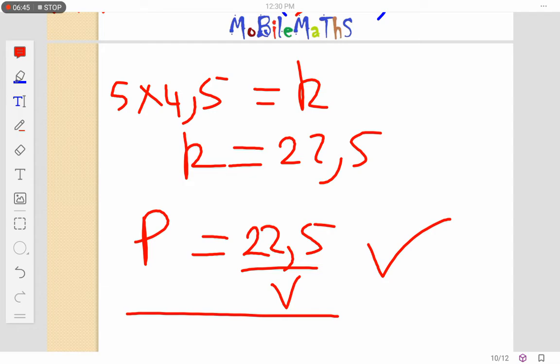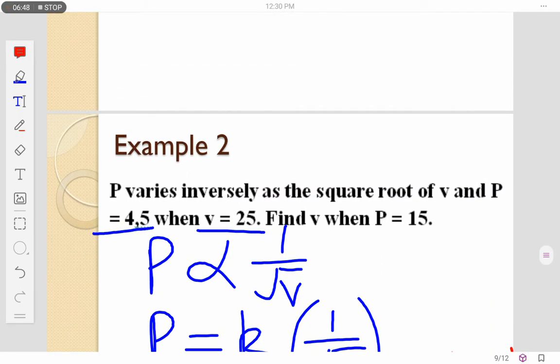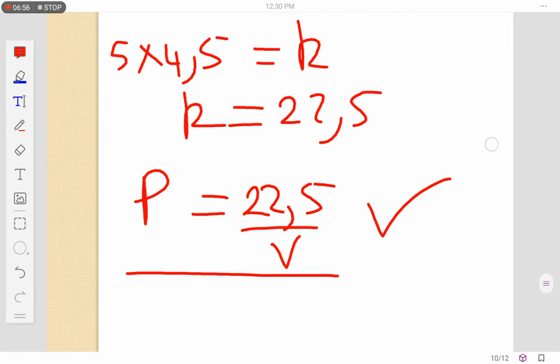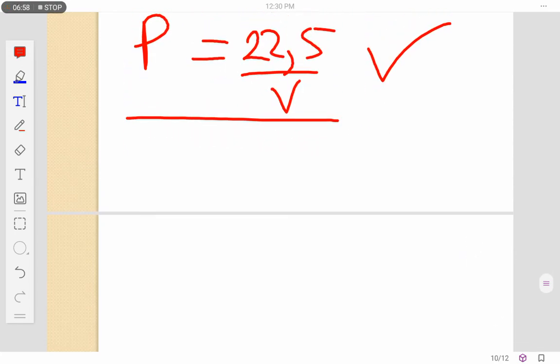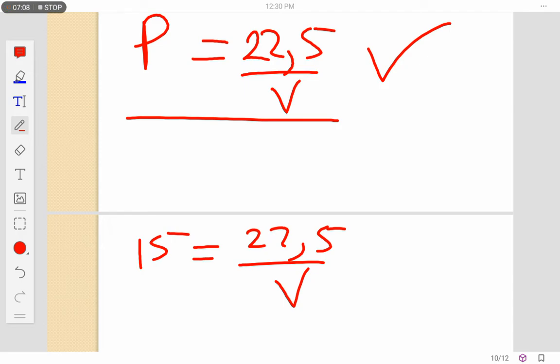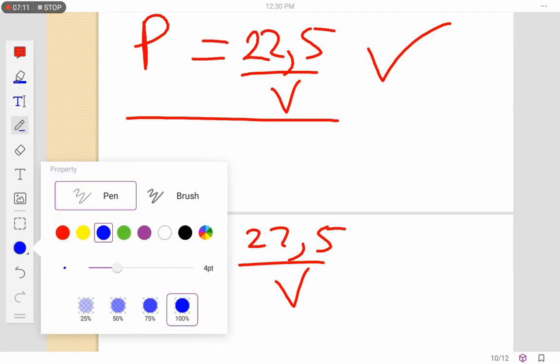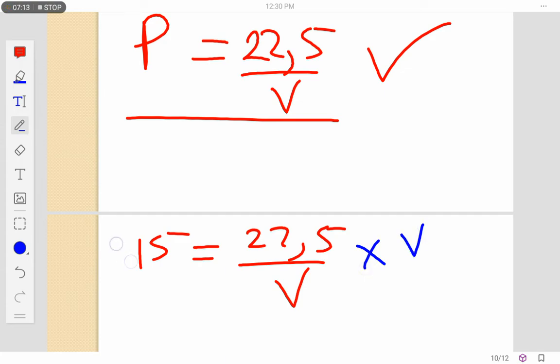Now the second part of the question was asking us to find the value of V when P is 15. So I'll write 15 is equal to 22,5 over square root of V. I want to find V, so I'm going to multiply both sides by square root of V. Sorry, I forgot the square root there.